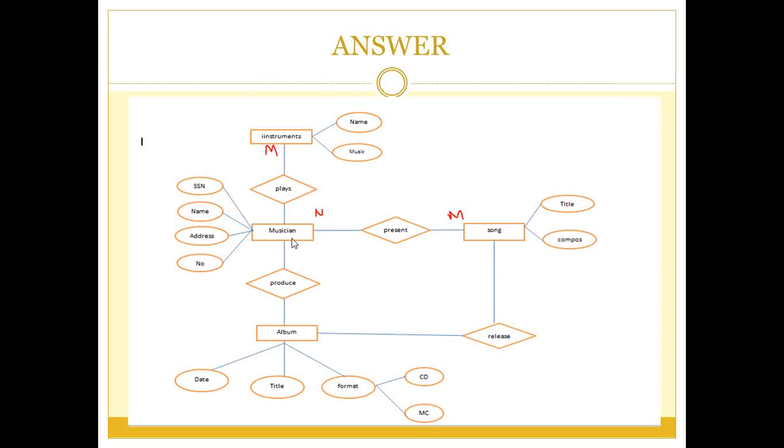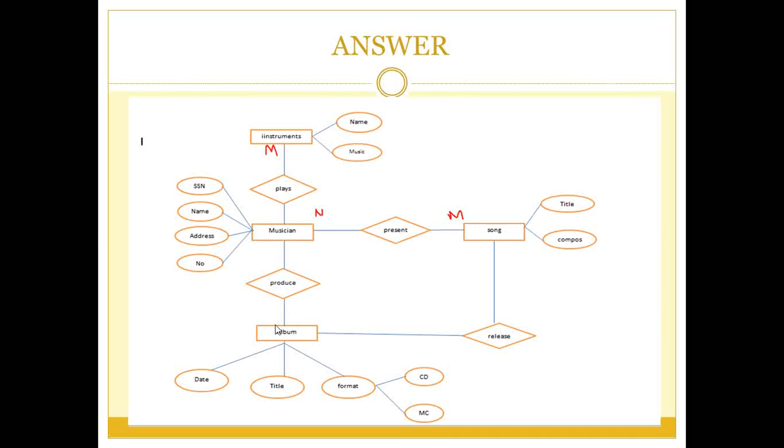A musician can play one instrument, or one instrument can be played by one or many musicians. Instruments have name and music key. And the musician produces albums. One musician can produce many albums, so that is called one to many.